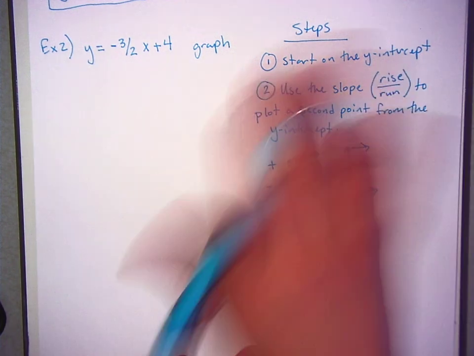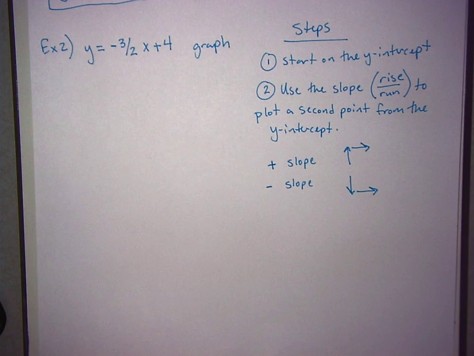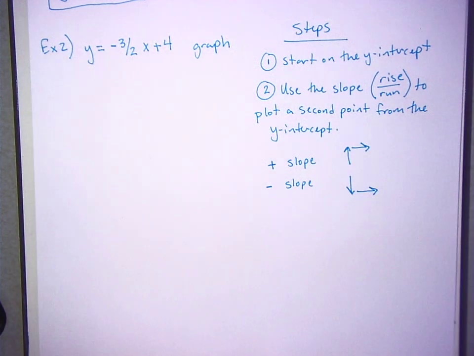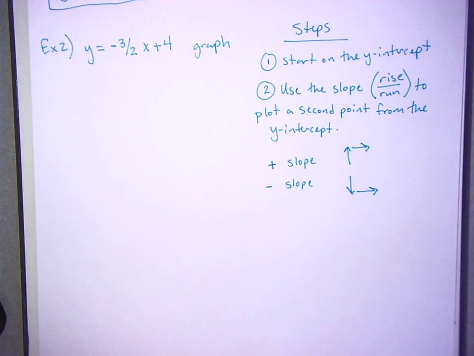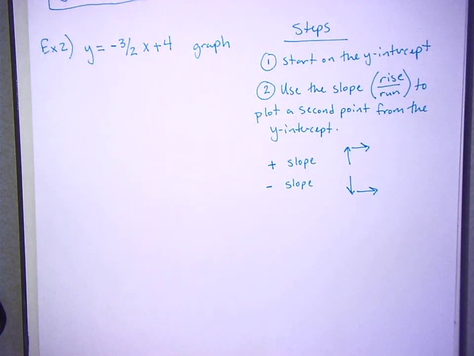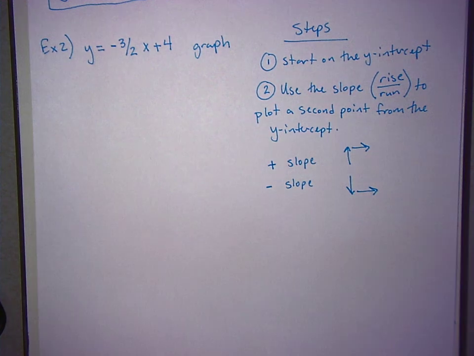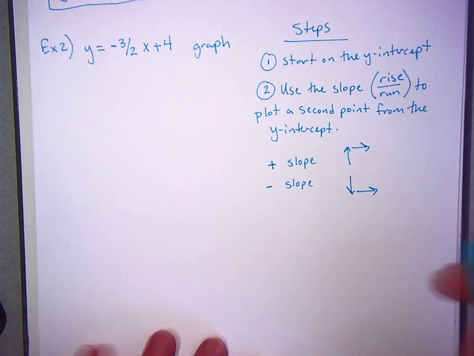Is this too easy, or does it help to have little steps written in your notebook? Okay, helpful for some, not for everybody, that's okay. Okay, so let's do this one together.